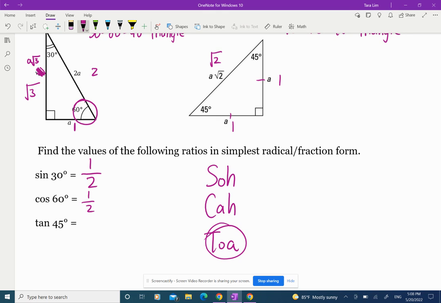It's an isosceles triangle, so it doesn't matter which way you do it. Tan is OA, opposite over adjacent. Opposite is 1, adjacent is also 1. So it's 1 over 1, which is equal to 1. It's that simple.